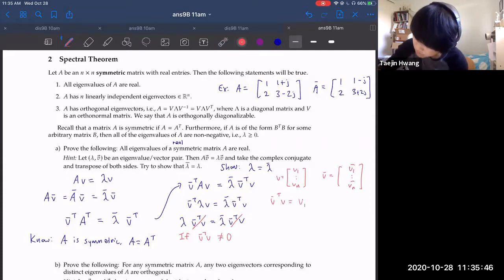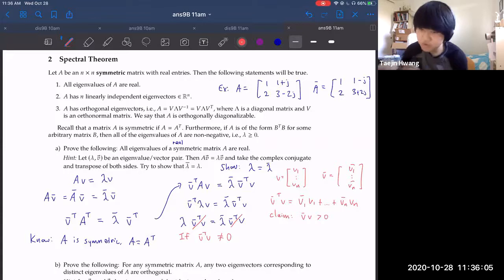So this is going to be v1 bar v1, all the way up to vn bar vn. And the claim that I'm going to make is v bar transpose v is greater than 0.